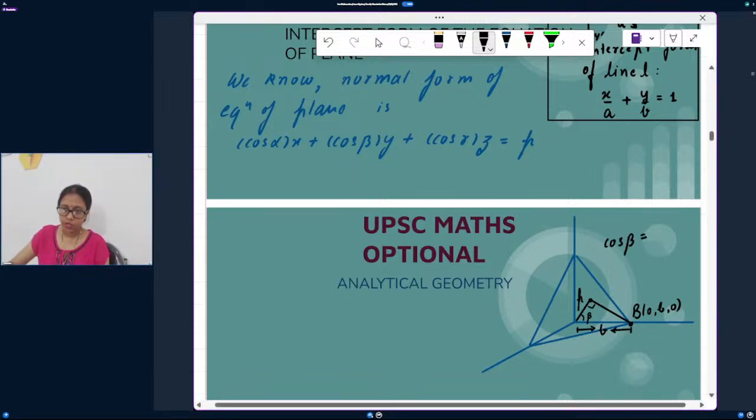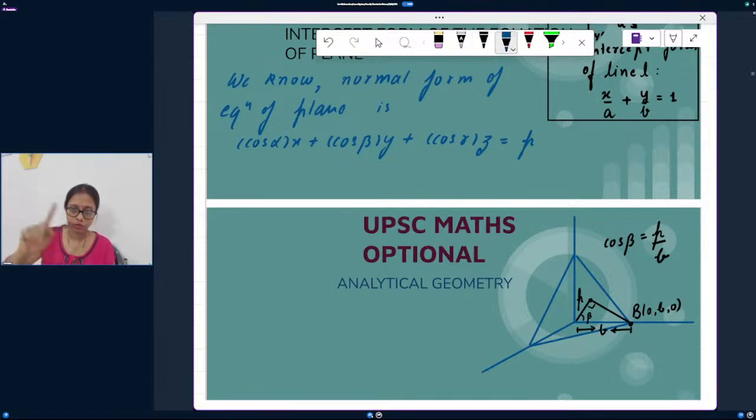So what is cos beta? Cos beta is base upon hypotenuse. So what is cos beta from here? P by B. Please see the diagram is different here, not that diagram.